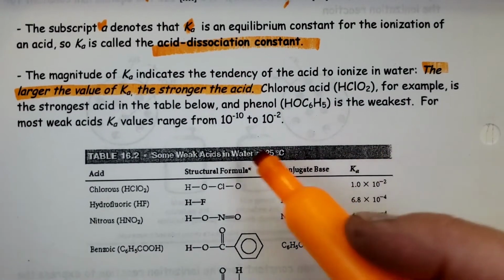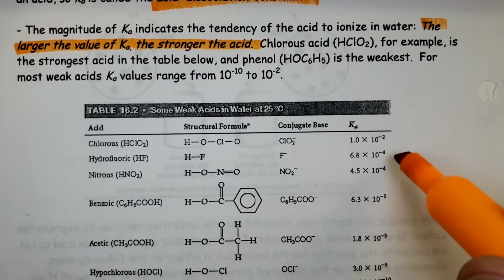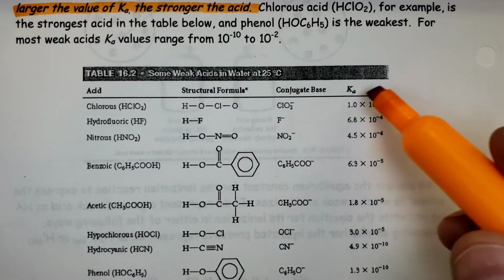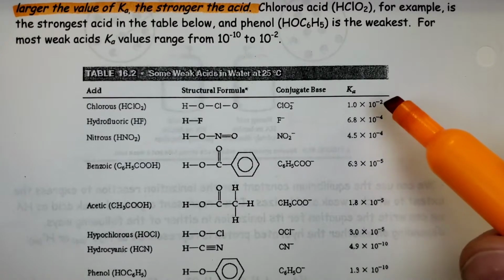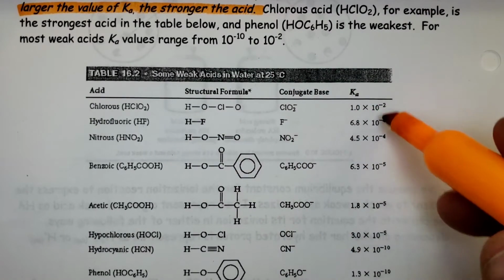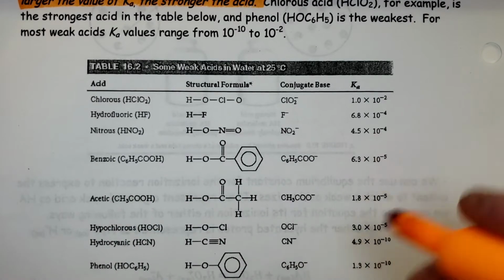So chlorous acid, for example, is one of the strongest of the weak acids, and we can take a look here. So the strongest has a Ka of about 0.1. Even though that's a big number in terms of acid, it seems like a relatively small number, so it's a weak acid. And then you can see acetic acid here, which is in vinegar, etc.